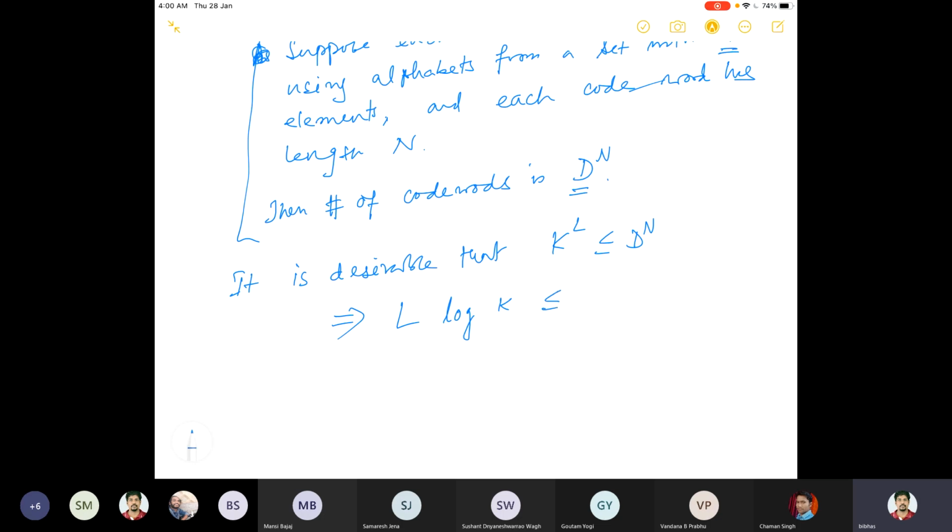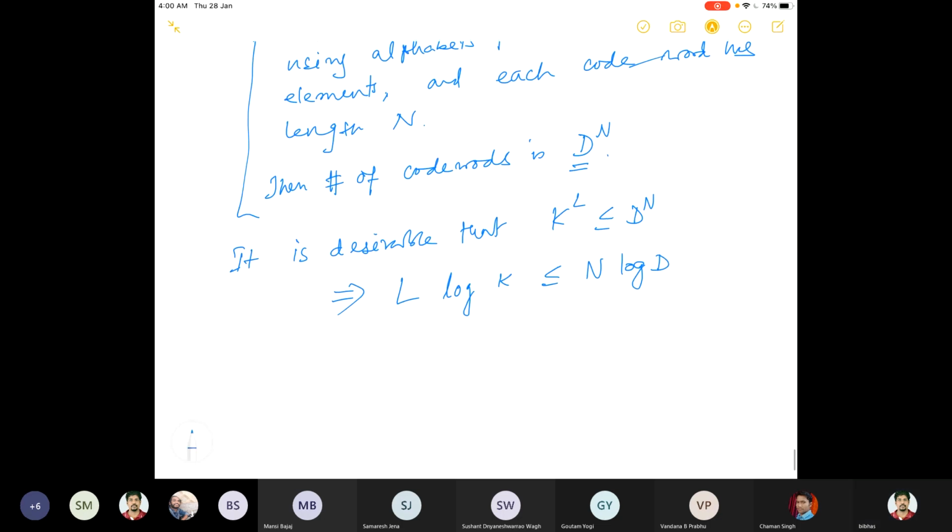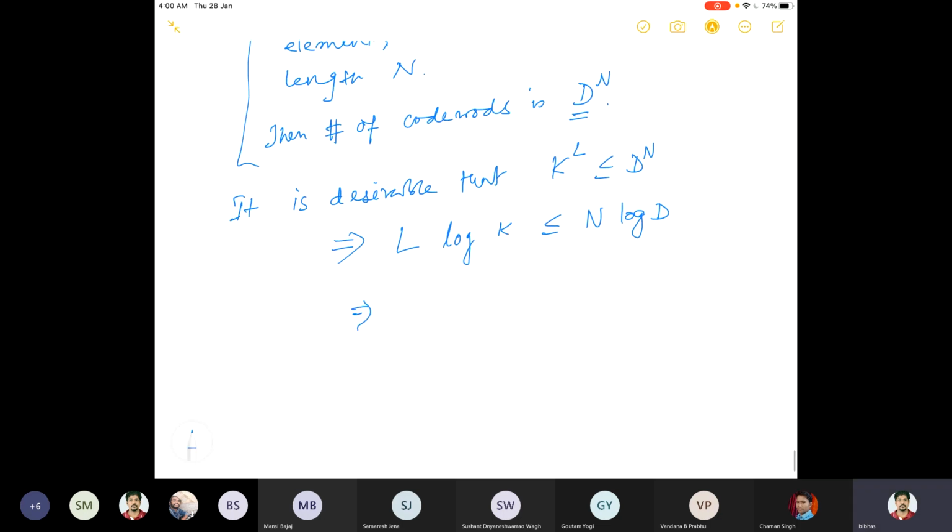And this has to be less than or equal to n log D. So this implies n by L has to be greater than or equal to log k by log D, which is a constant because it does not depend on n and L. Even if L equals 1, n has to be greater than or equal to log k by log D.